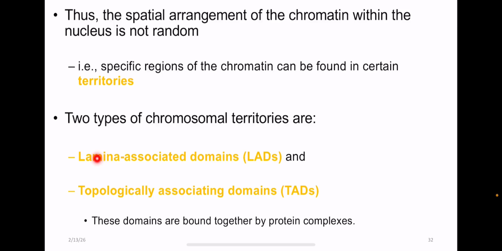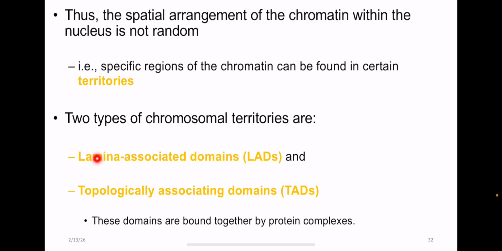I've not found it anywhere, but because there are two interactions, between the lamina and the nuclear matrix proteins, and those interacting with the lamina form heterochromatin, then obviously those interacting with the nuclear matrix proteins are going to be more euchromatic than those with the lamina.